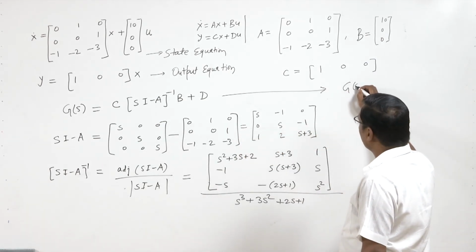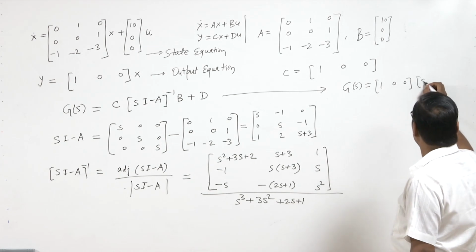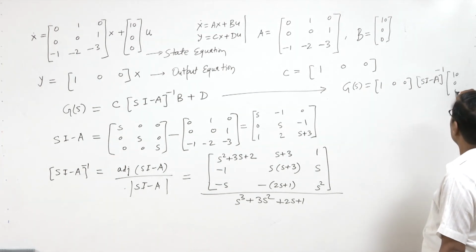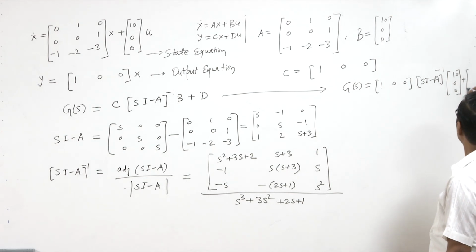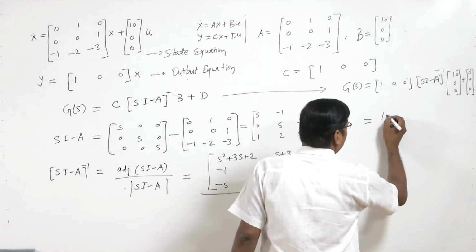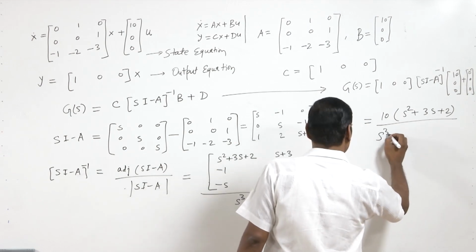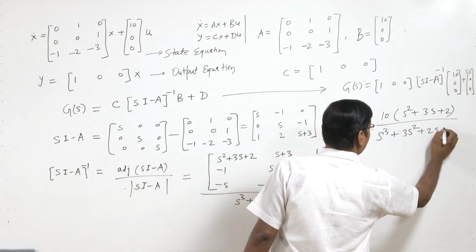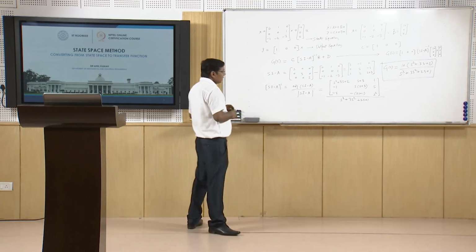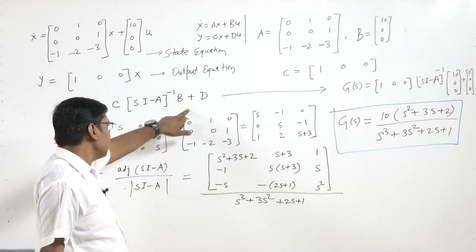So we have G(s) equal to C, which is 1 0 0, and we got (sI minus A) inverse, and B is 0 0 1, plus D, which we can have as 0. From here we have obtained, from the given state equation, the transfer function using this relationship.